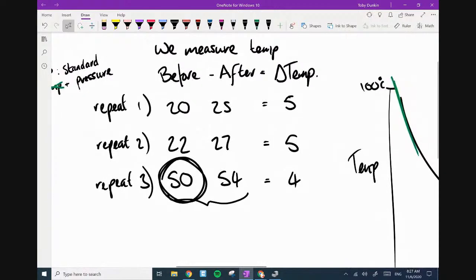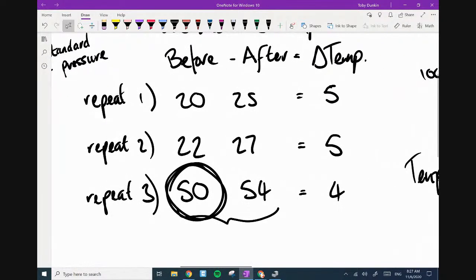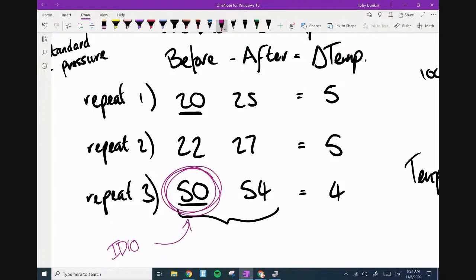The reason being is, well, if you were a good scientist and you were going to be measuring a reaction, then doing a start temperature of 20 and a start temperature of 50 is just downright idiotic. That's something you're not going to do. No one would be crazy enough to do that. But the one thing that's borderline, that's the first thing, that's ridiculous, so I'm going to circle this in red. This is just idiotic. Yeah, you'd have to be an idiot to do that.